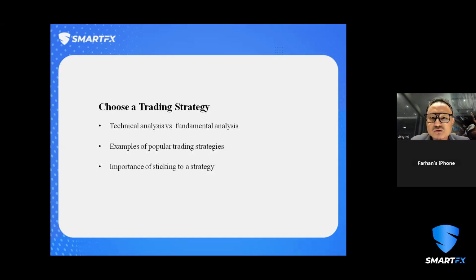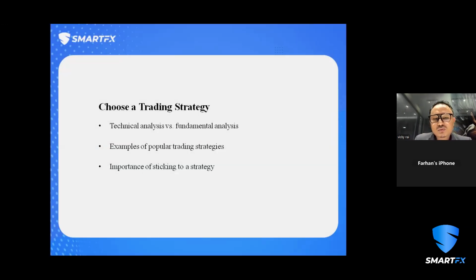For example, if you are trading breakout or reversal, or indicators, or fair value gap, or some supply and demand, at the end of the day you will overtrade. That means if you are winning today, tomorrow there will be losses. So in order to maximize your profit and become a consistent profitable trader, you need to specialize in one trading strategy. That's very important. We're going to talk about this later, but let me proceed further.